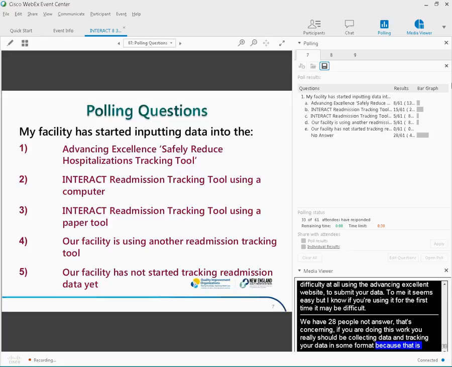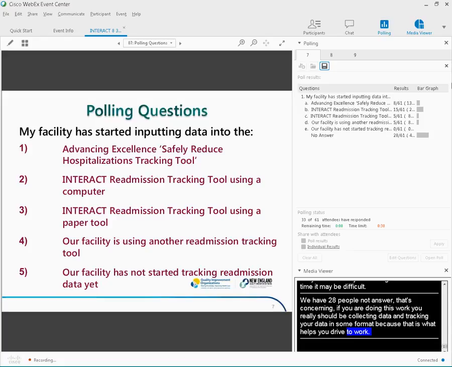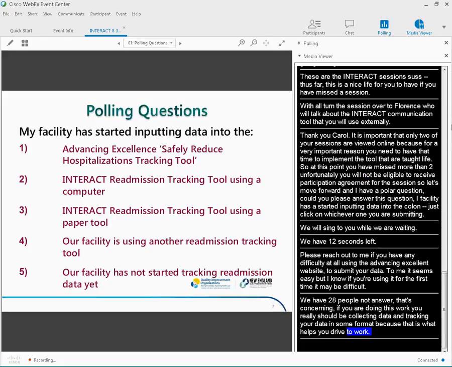Yes, it'll be in the medication room on 2 South. All right, so the next polling question. Oh, that's okay. She has nursing.